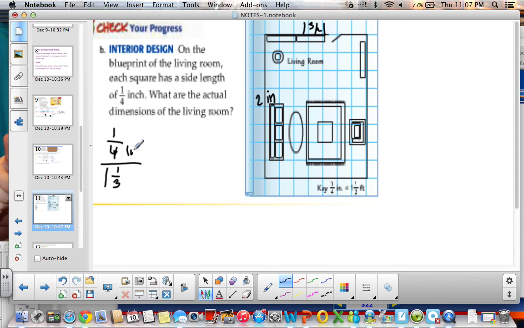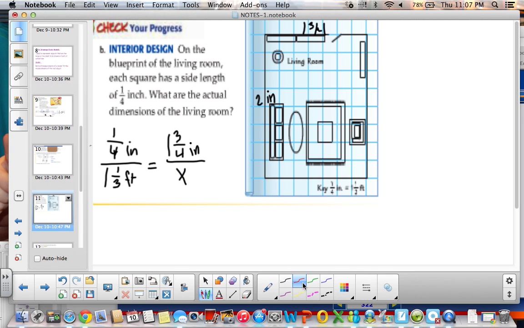So this is inches and this is feet. And then we're given on our map, we know that one of the sides of the living room on our map is 1 3/4 inches. And then we want to find out the actual dimensions.